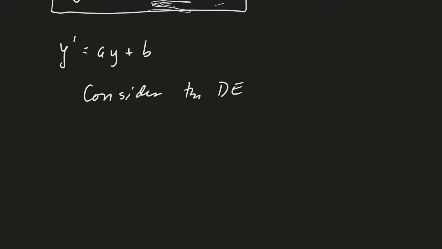So if we start off with y prime equals ay plus b, then consider the differential equation (y plus b over a) prime equals a times (y plus b over a).